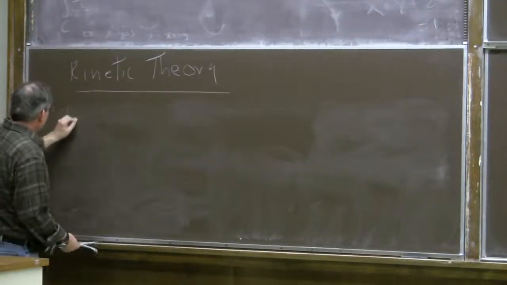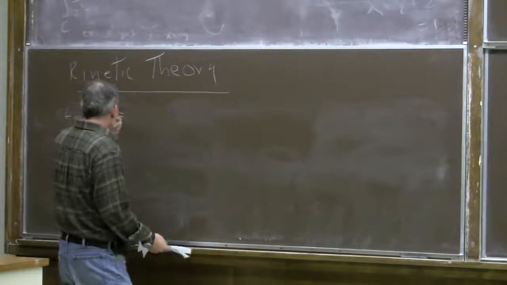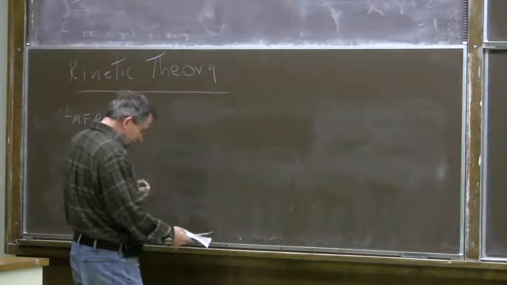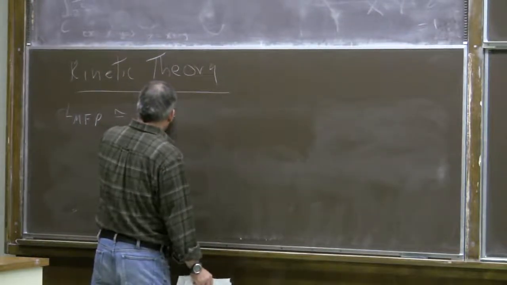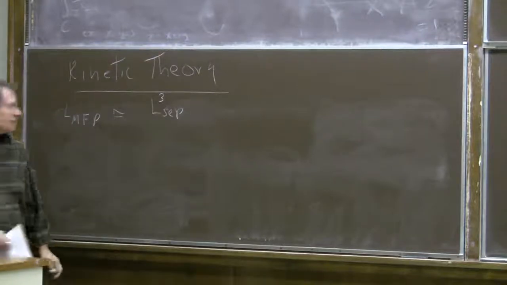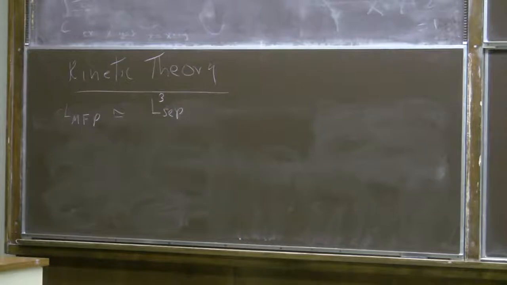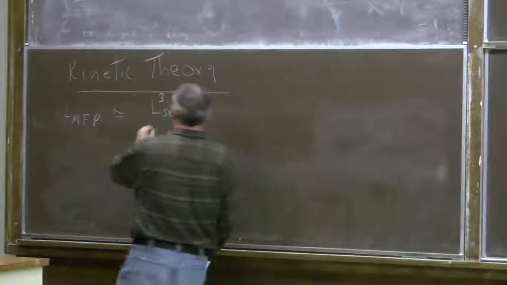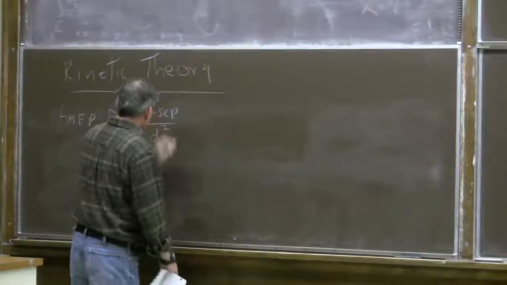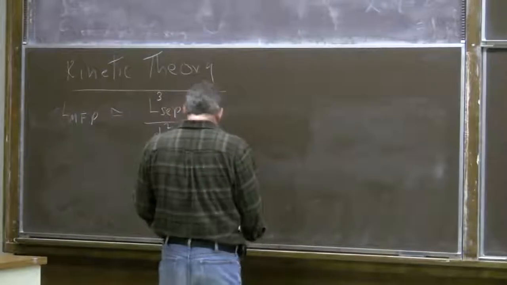The mean free path goes like the typical separation between molecules cubed, because that's just another expression for the volume per particle or volume density, and then divided by what I call d squared, the typical cross-sectional area of the molecule.